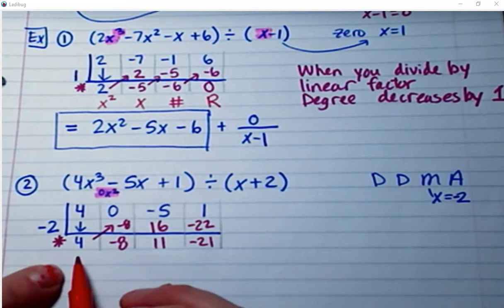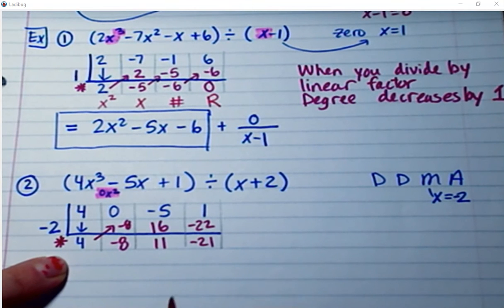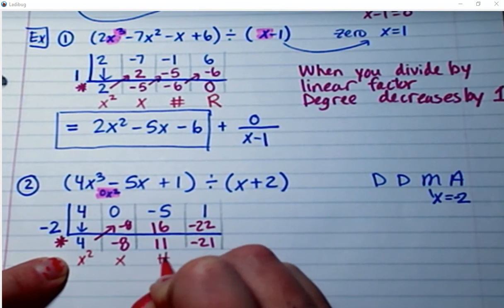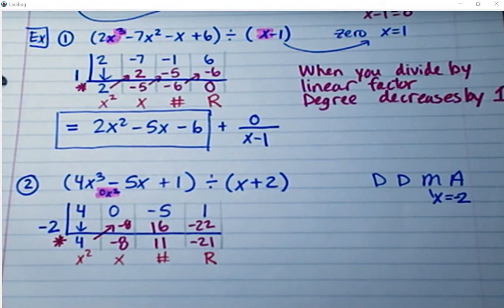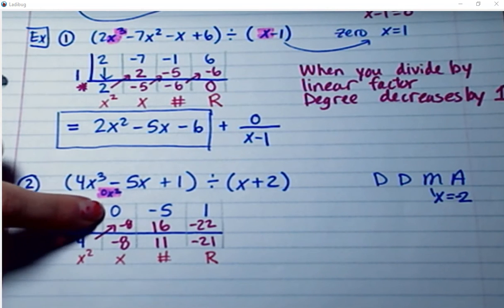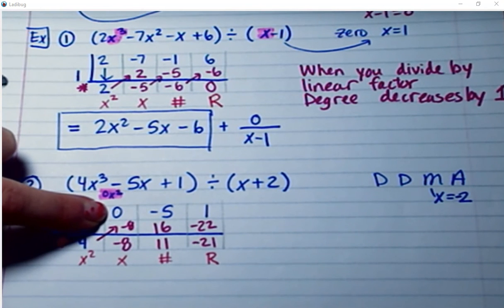Which x's am I going to line up here? What am I going to start with? Raise your hand. Who can tell me? Yeah, Harrison? X squared, x, number, remainder. I just start at the square. Notice if you did it right, everything's going to line up and match up perfectly. If it doesn't match up, you probably missed the 0.